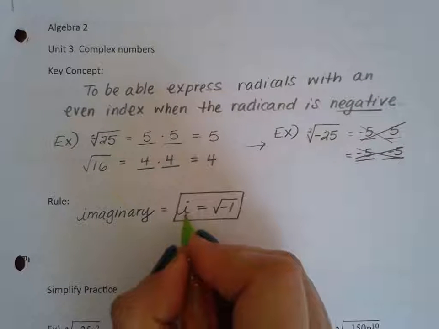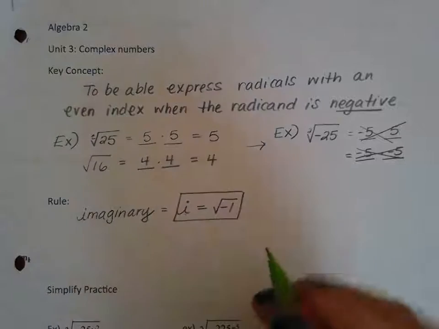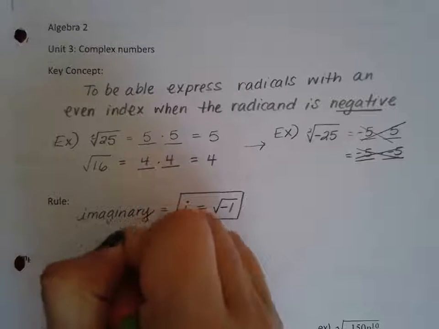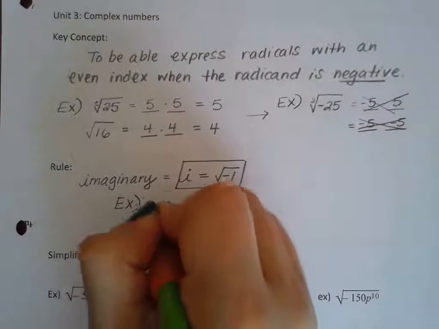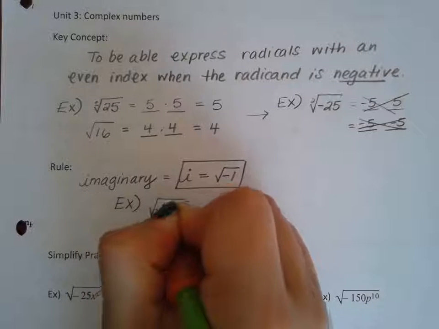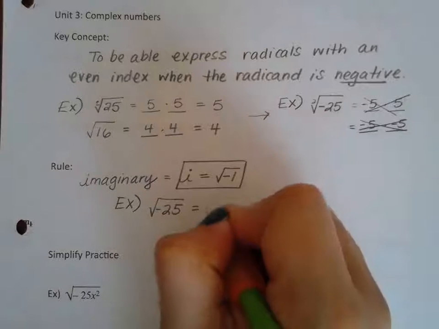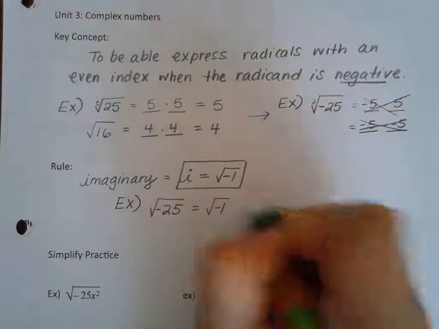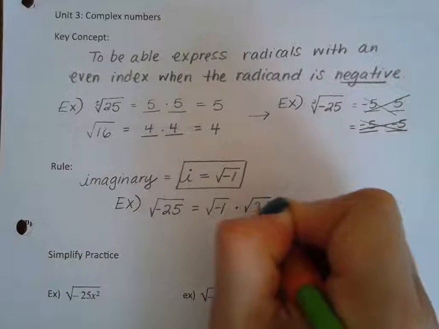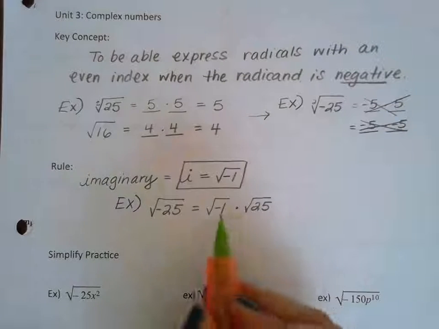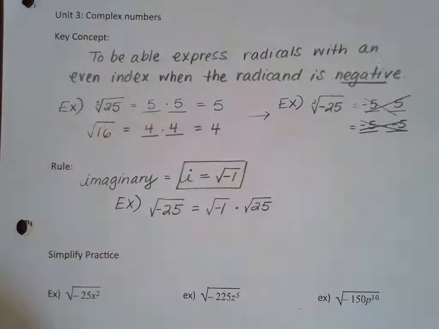Watch how we do this with that 25. This will be the square root of negative 25. We can break this down to the square root of negative 1 times the square root of positive 25. If I multiply these together, I get negative 25.